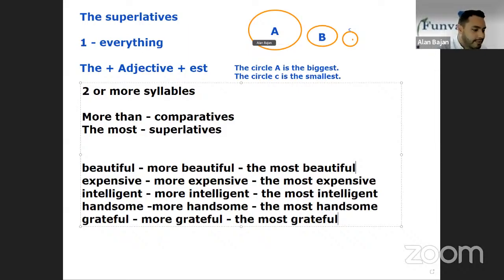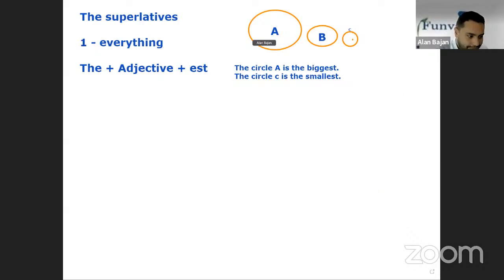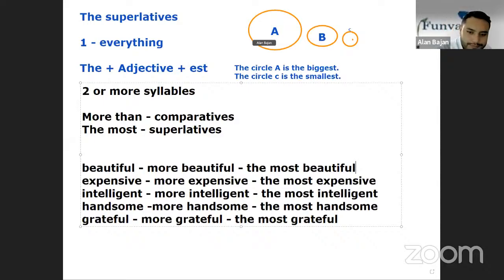Can we have a screenshot of that, please? Thank you. Okay, and the last rule, we need to know that we have irregular adjectives.